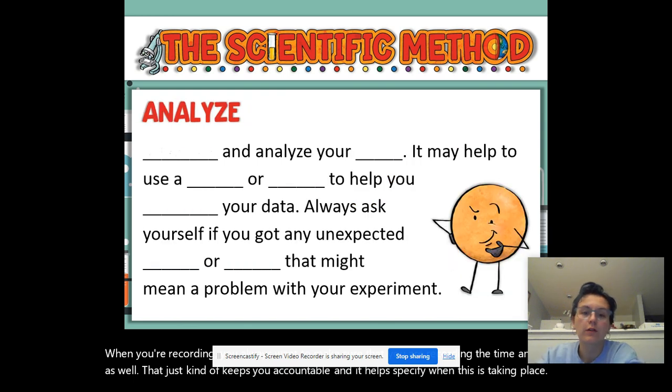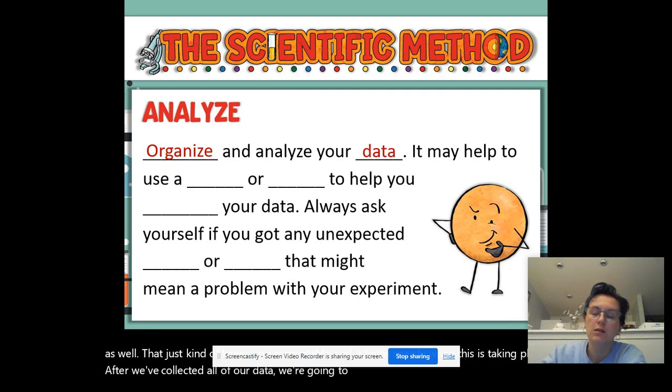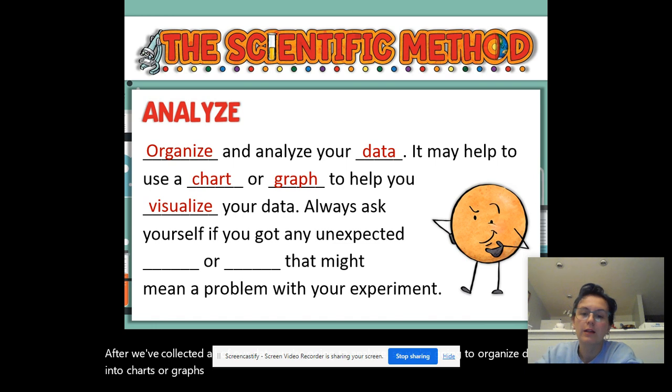After we've collected all of our data, we're going to analyze. So we're going to organize data into charts or graphs, and this will help you visualize your data. Okay, I'm going to pull up here, I will link something in the comments. What do you think is easier to read?